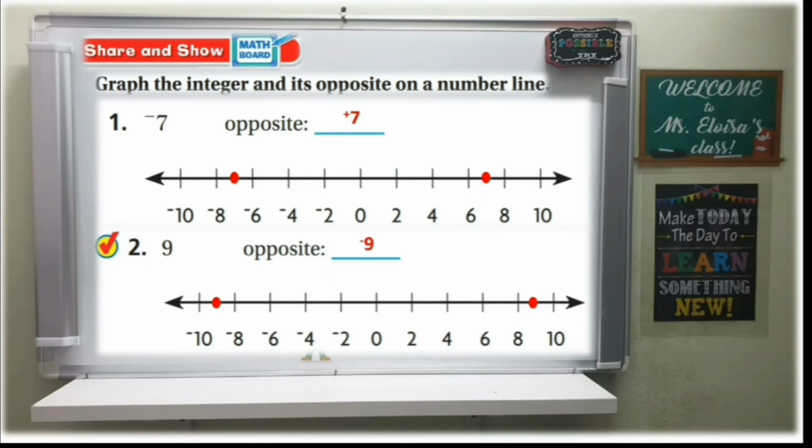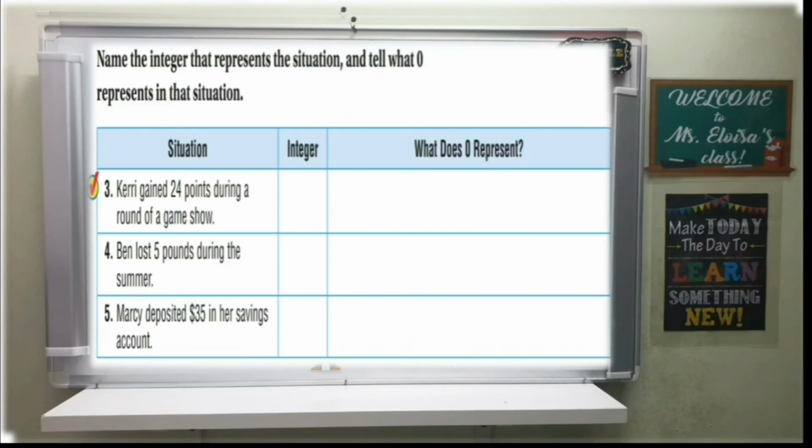Name the integer that represents the situation and tell what 0 represents in that situation. Kerry gained 24 points during a round of a game show. Integer, positive 24. 0 represents no gain or loss of points. Number 4. Ben lost 5 pounds during the summer.